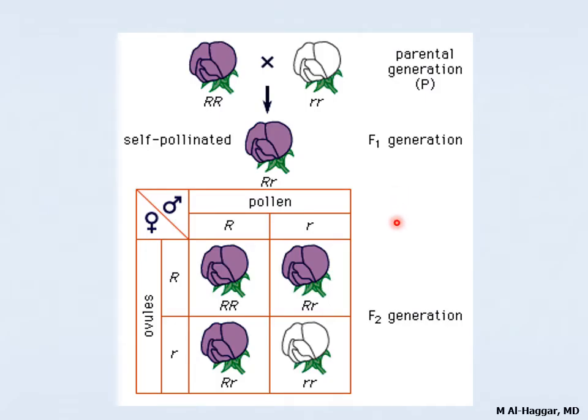Here in this slide, you find that the violet in the first generation is R capital, R small, and the violet in the second generation may be R capital R capital (1 and 4) or R capital R small (2 and 4).